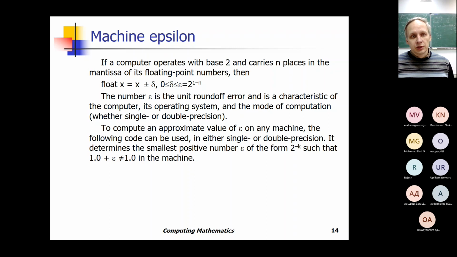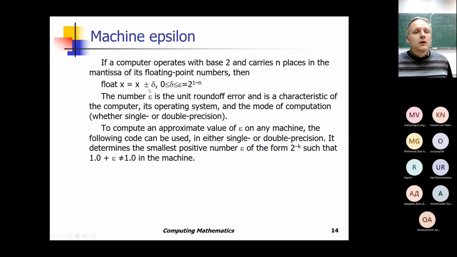What is a machine epsilon? We can consider such two numbers. For example, number x has a data type float, single precision value. Then we can consider some another number, delta, and we can find x plus delta or x minus delta.